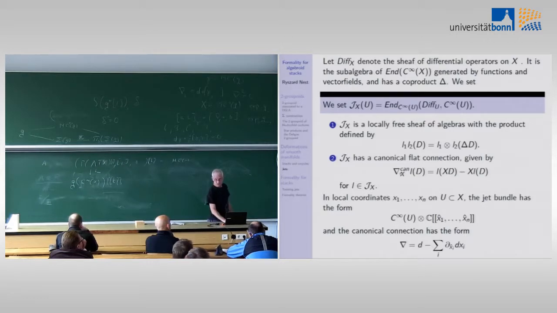So this defines a connection. Actually, it's a flat connection. Its square equals 0. Locally, this jet bundle is very simple, just smooth functions tensor formal power series in formal coordinates x_1, ..., x_n. This canonical connection is also very simple, just the de Rham differential minus the sum of differentiations along formal coordinates times dx_i.